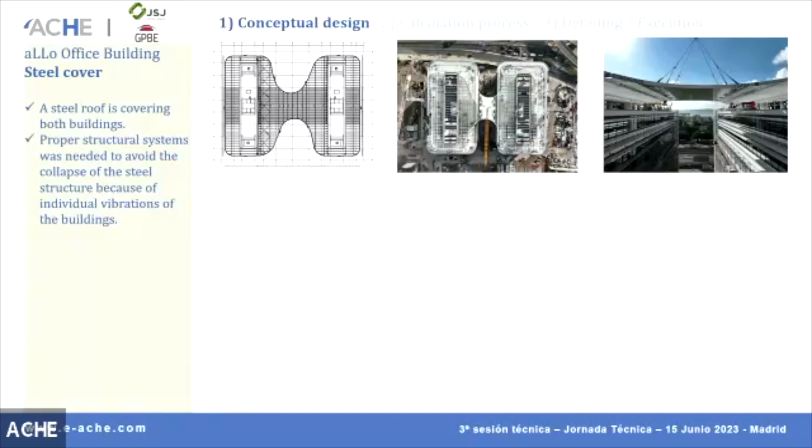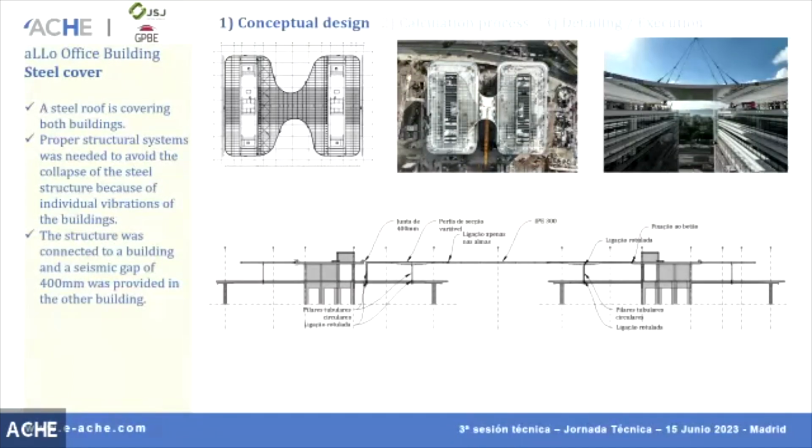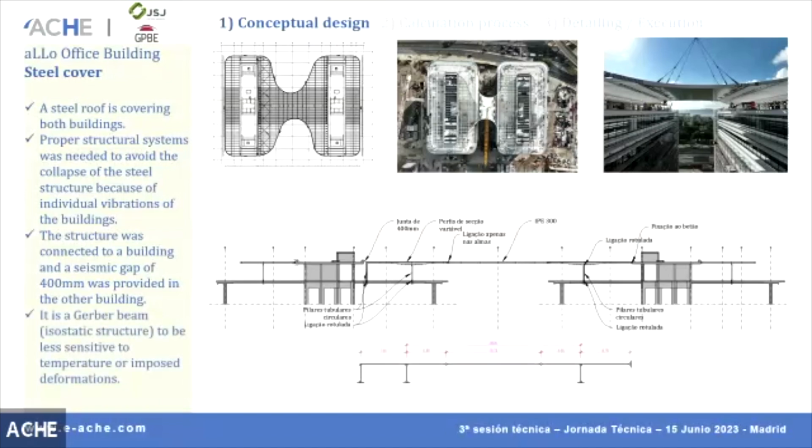So what we did was connect the structure to one building, and we left a large seismic gap of 400 millimeters at the other building, so that the individual vibrations of the two buildings will not make this steel cover collapse.